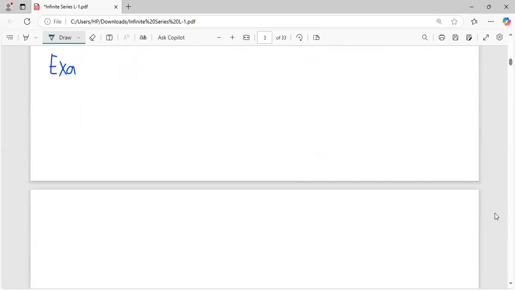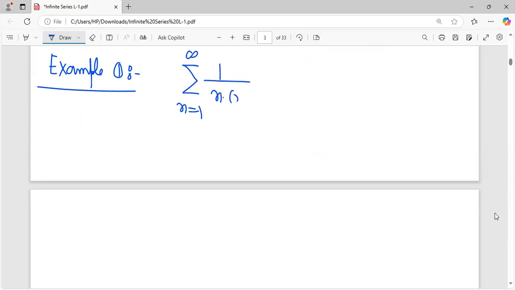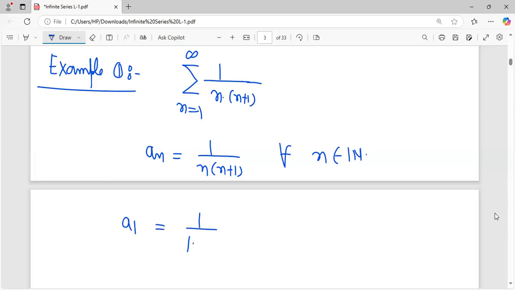Example, you take this series summation n goes to 1 to infinity 1 upon n into n plus 1. Then what is an term? An is 1 upon n into n plus 1, for all n belongs to N. Now this a1 is 1 into 2, I can write it 1 minus 1 upon 2.